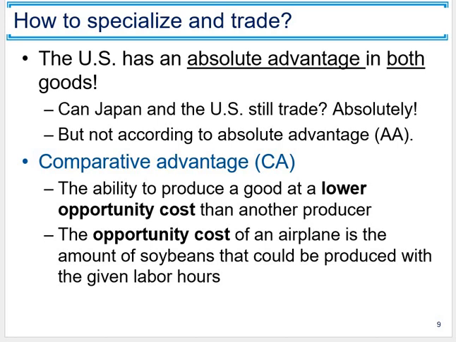But comparative advantage considers costs from an opportunity cost perspective. So if you recall from chapter 1, opportunity cost is the cost, what you give up to get something.